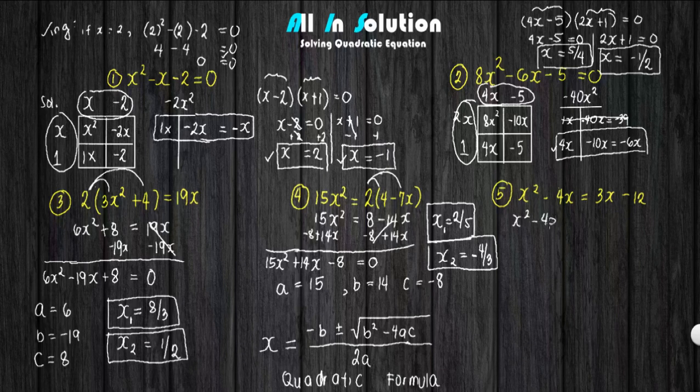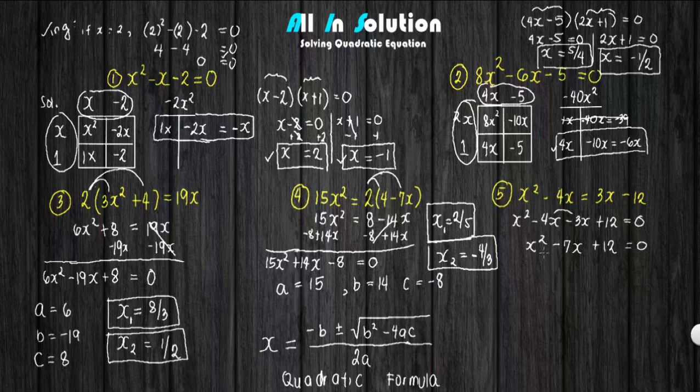So, for x minus 3x, and then we have plus 12 equals 0. Okay, so pagsamahin natin ng dalawang magkamukha, yung negative 4x and negative 3x. So we have negative 7x plus 12 equals 0.